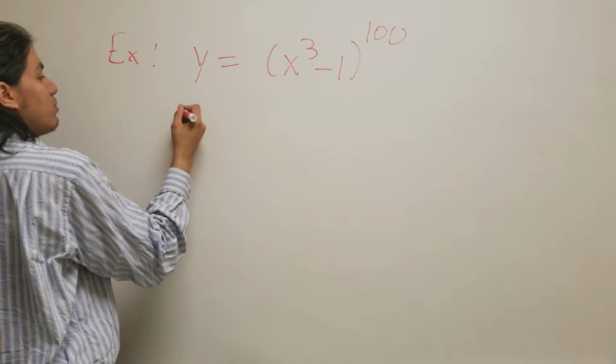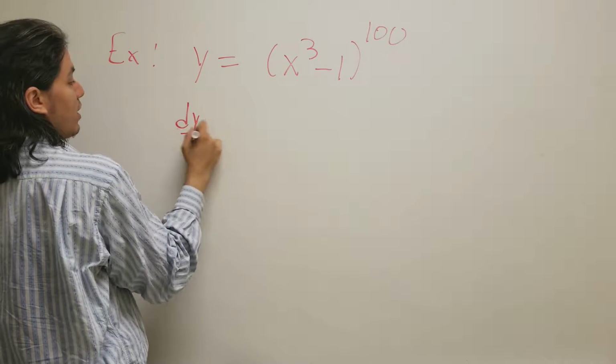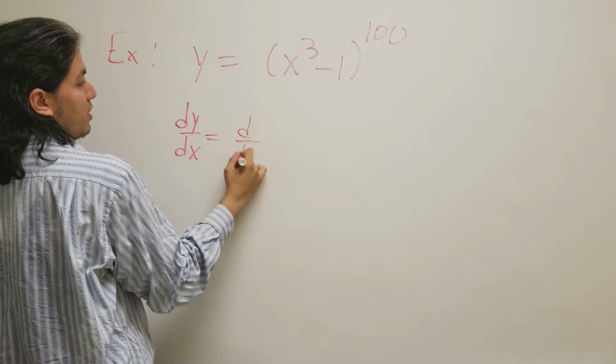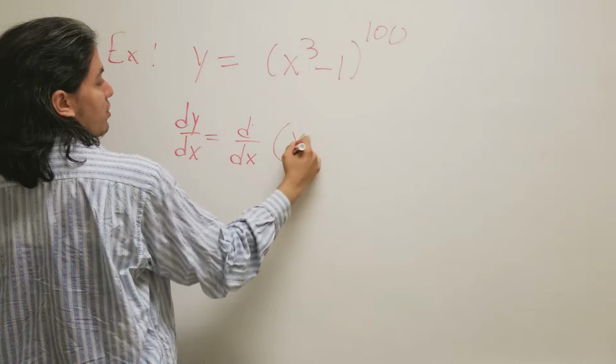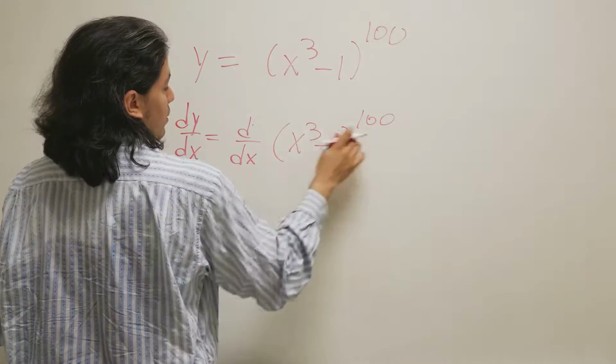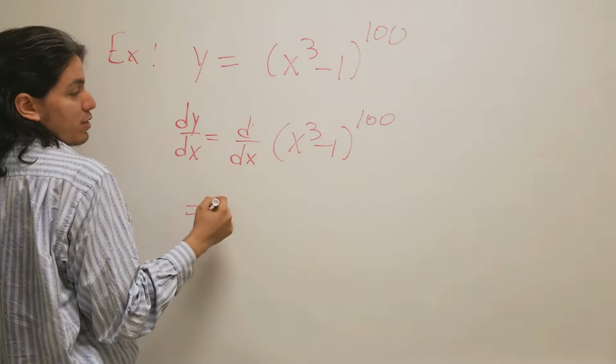So when I do the derivative of y, so it's dy over dx of this function, right? So I'm going to do the power rule first.